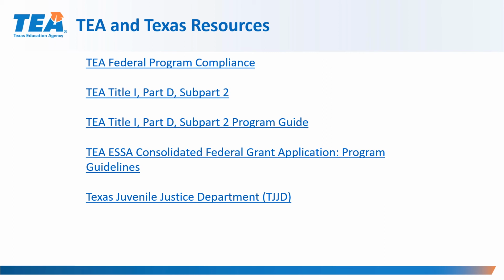You may also use these links to review the TEA Federal Program Compliance, more information about Title I Part D, Subpart 2, as well as the Subpart 2 Program Guide, and the Texas Juvenile Justice Department.